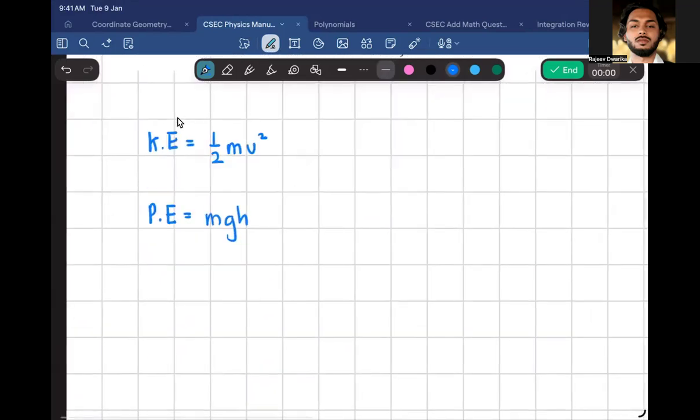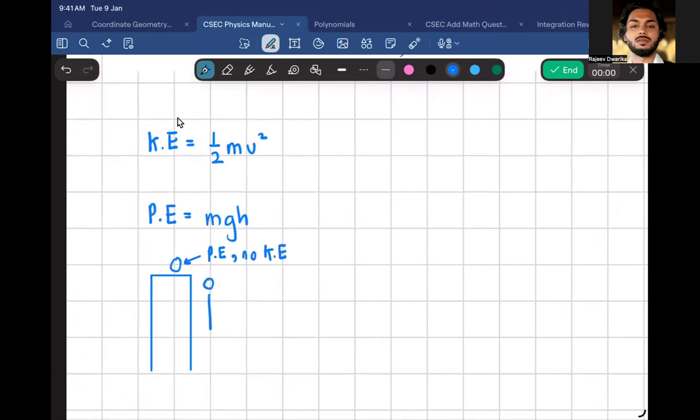Let me give you the easiest example. If you had a ball here, at this point it has potential energy, no kinetic energy.